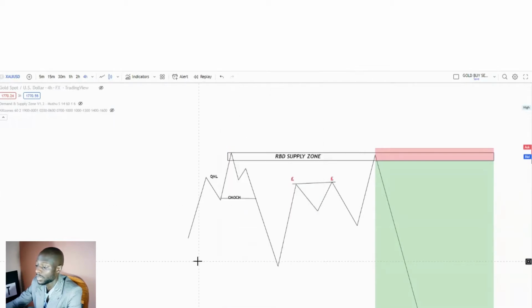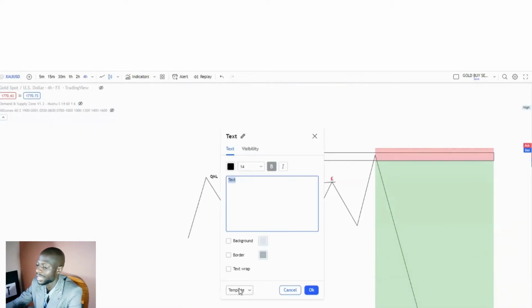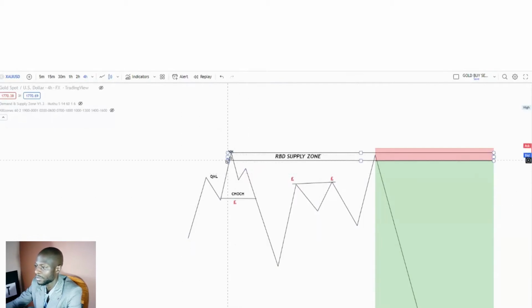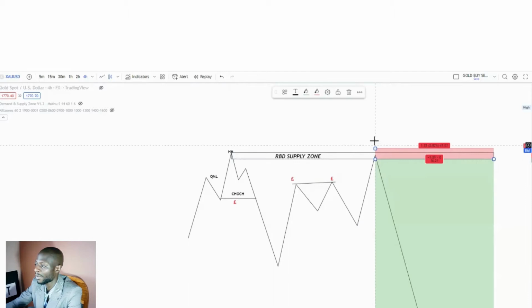I'm using this as a confluence to our strategy, not as the main thing. I use this in conjunction with our strategy, so include this to have a better risk to reward ratio and a higher probability trade. This is what we have right here.